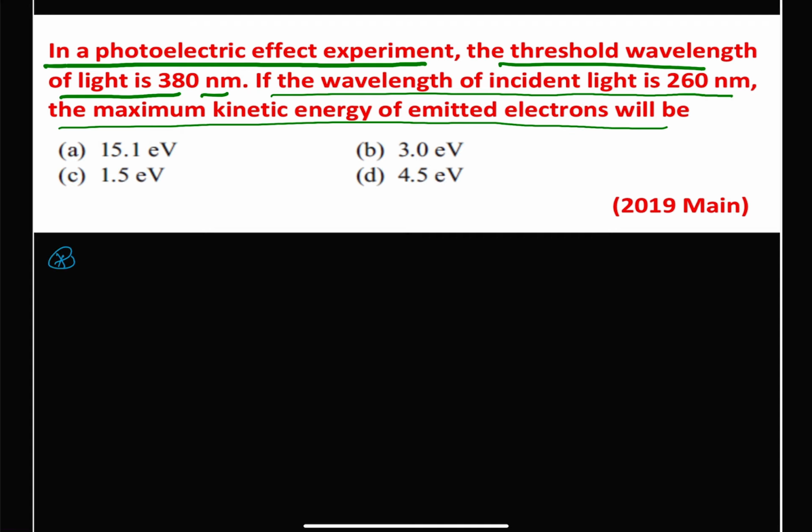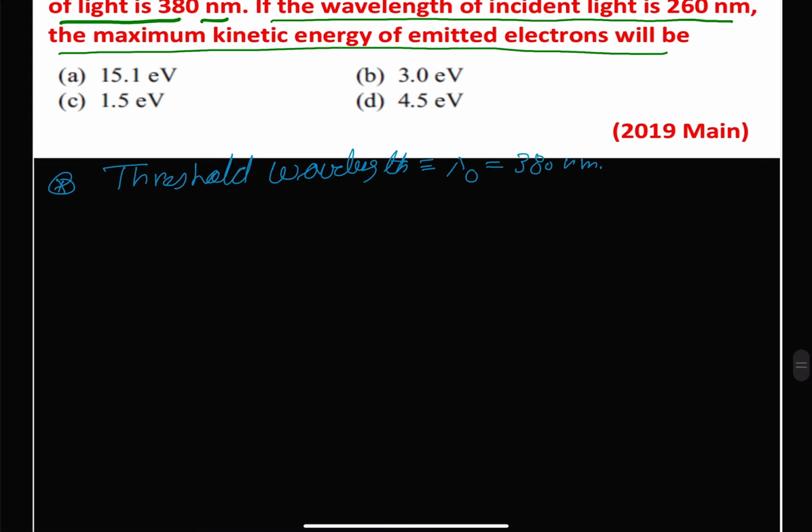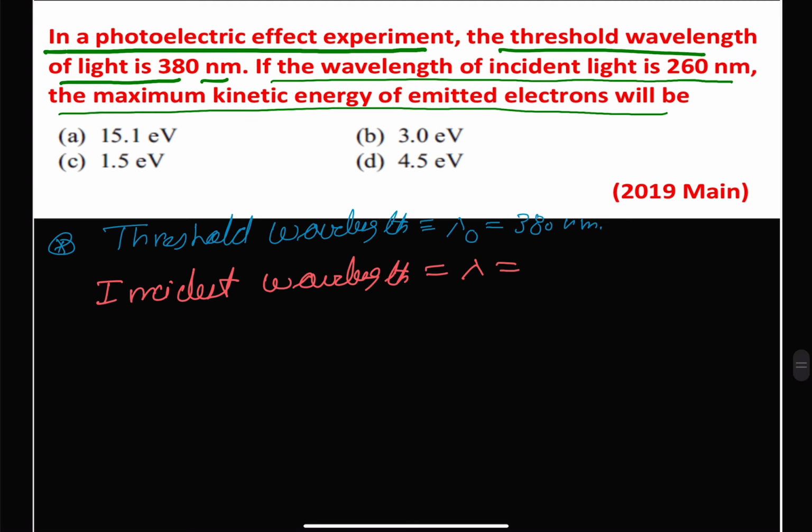So let us suppose our threshold wavelength is given as lambda naught. Lambda naught will be equal to 380 nanometer, and we have the incident wavelength, that is lambda is equal to 260 nanometers.